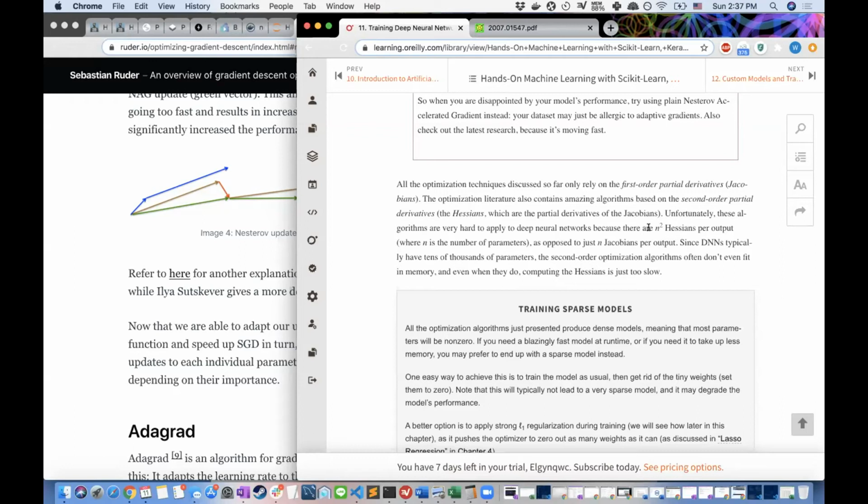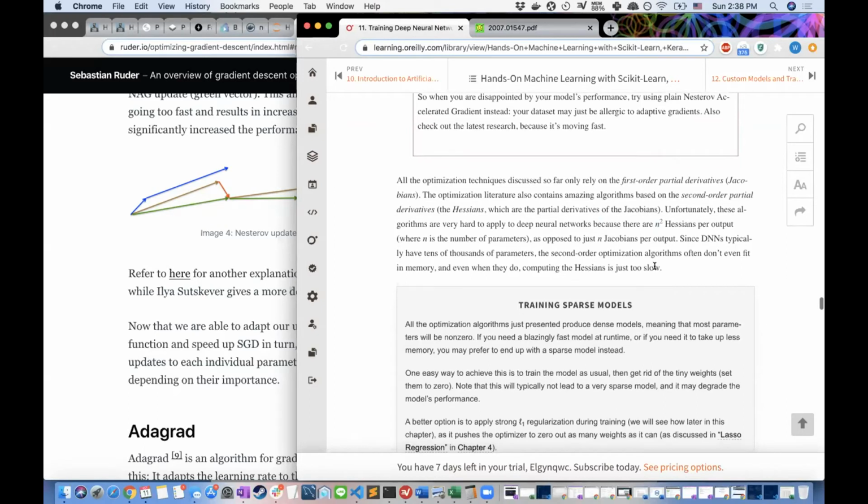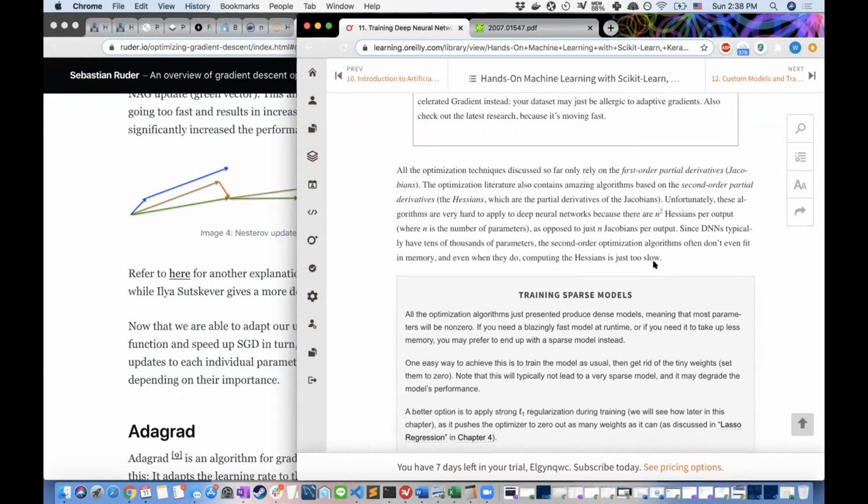So, I think for some of the data sets, like image data sets, n squared will be pretty painful, considering each feature is just a pixel. I don't know much about Hessians, and it seems like they could be very useful as well.